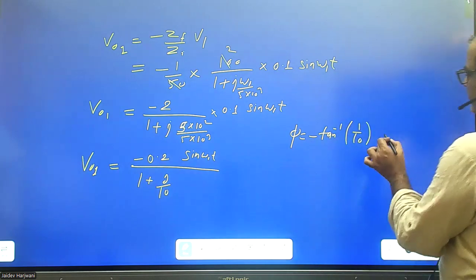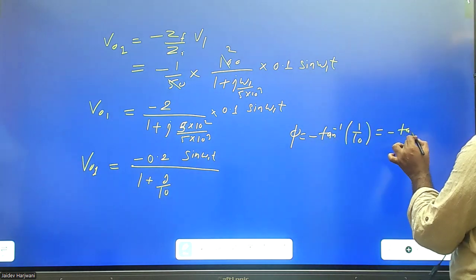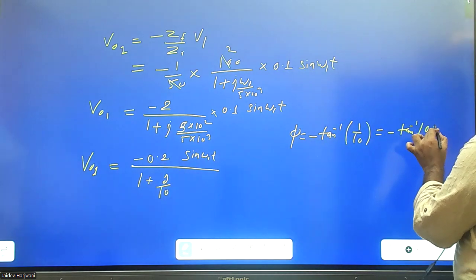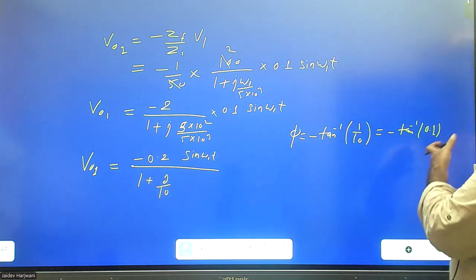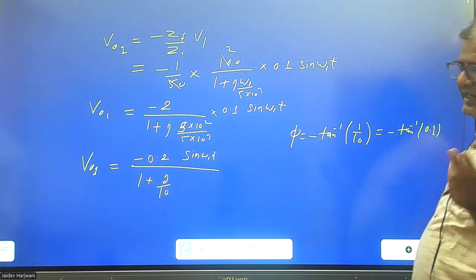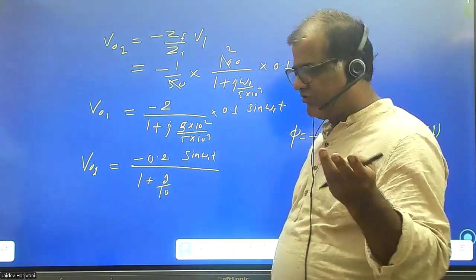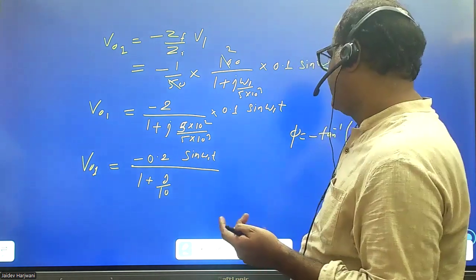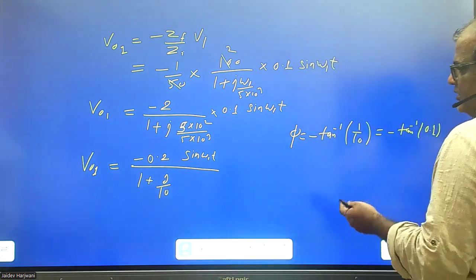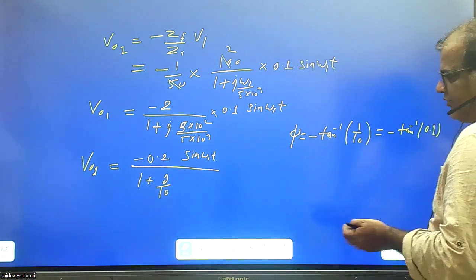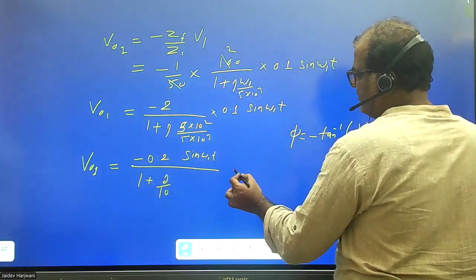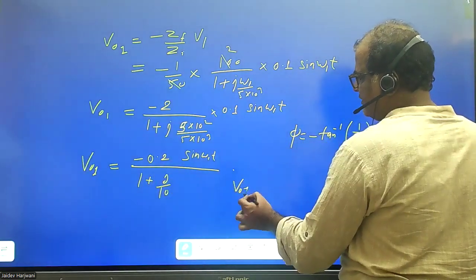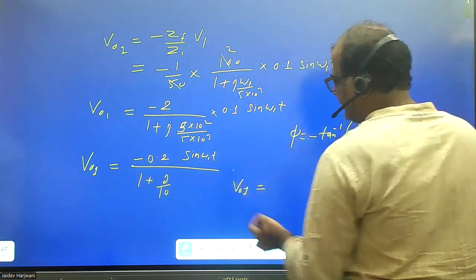This is equal to minus tan inverse 0.1, which is almost equal to 0. If I calculate it, the angle will come around 4 or 5 degrees. So there is almost no phase change. If I write the magnitude, this is 0.1. My final V naught will come with phase, so I'm writing it with phase also.